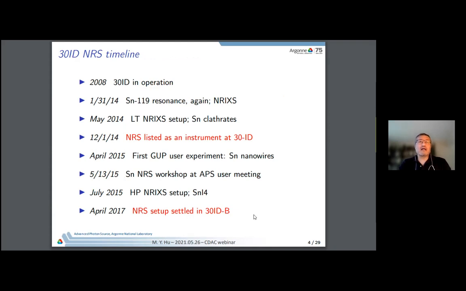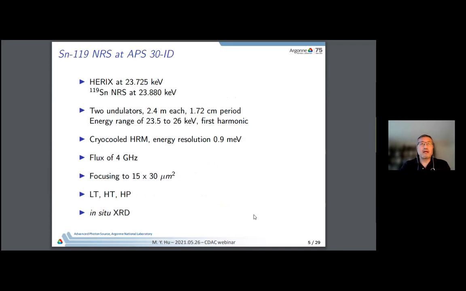But starting in early 2014, we started the nuclear resonance program there, and now it's a user instrument accepting GUPs. Due to its setup and source characteristics, it's suitable for tin only. And a little bit more about that.